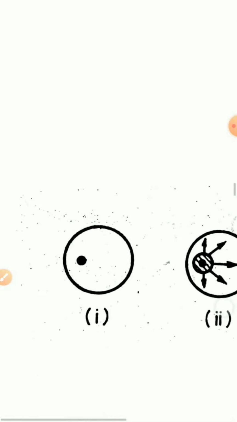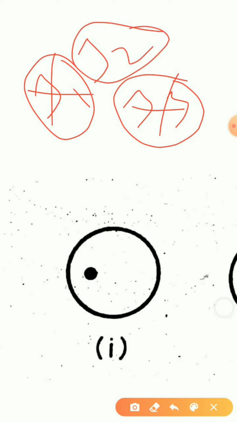Now let us look here. For example, I am having three junctions J1, J2, J3. J1 and J3 are forward biased, so there is no problem here. We'll only be discussing junction J2. Now let us consider this is the cross section of my SCR at junction J2. Now what is happening at junction J2?